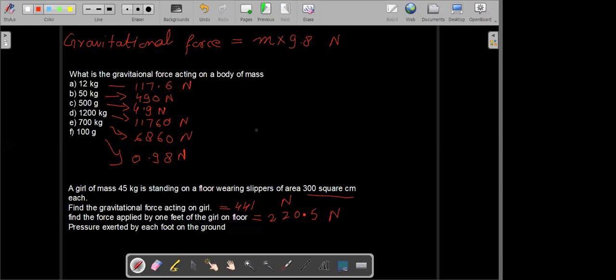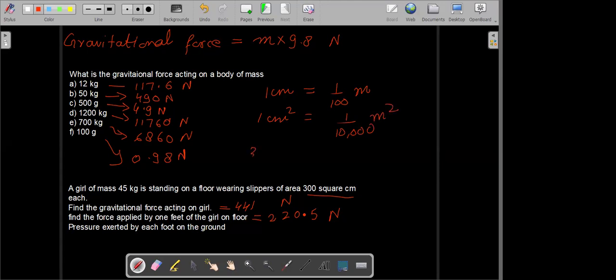Okay, see, 1 centimeter equals 1 over 100 meter. If you square both sides, you get 1 centimeter square equal to 1 over 10,000 meter square.